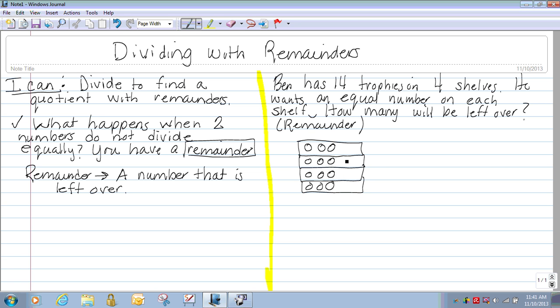And if I place 13, 14, that means I have 2 shelves that don't have any trophies, and therefore there would not be an equal number on each shelf. So what I would have to do is put my 2 to the side, and I see that it has a remainder, or there are 2 left over.